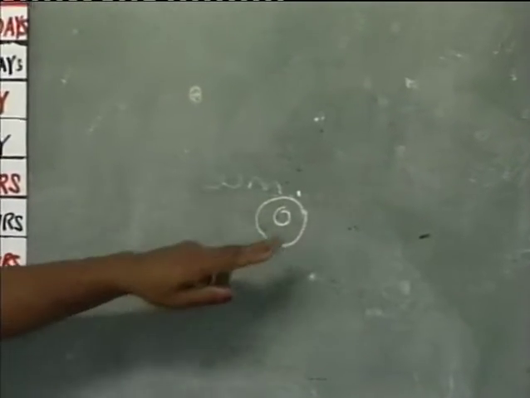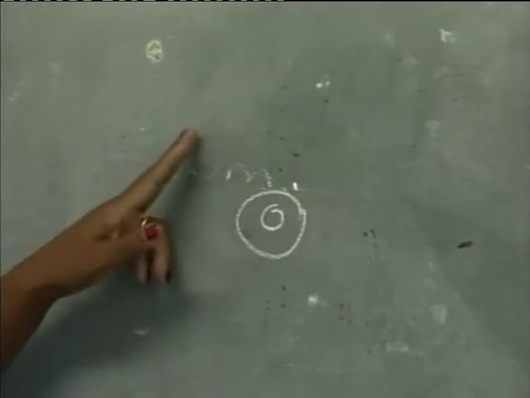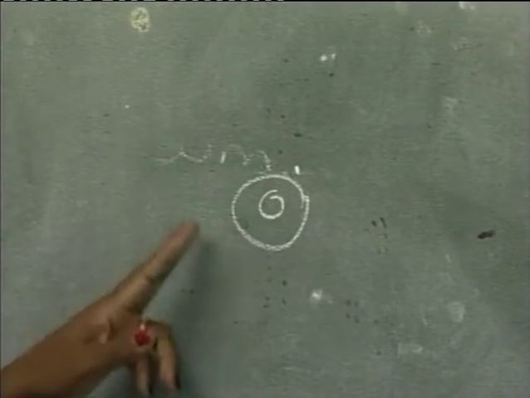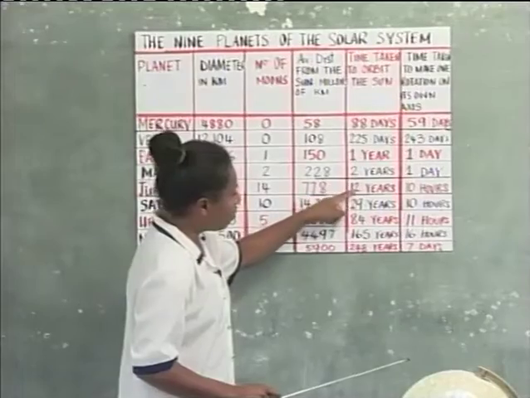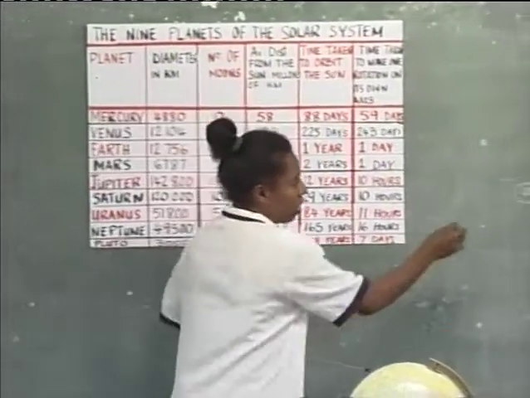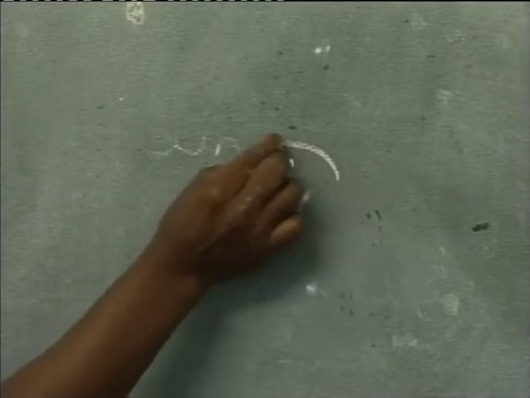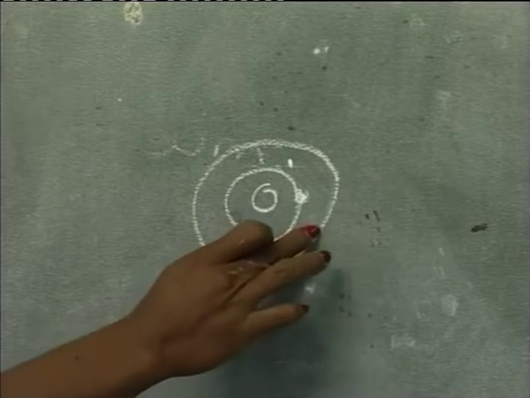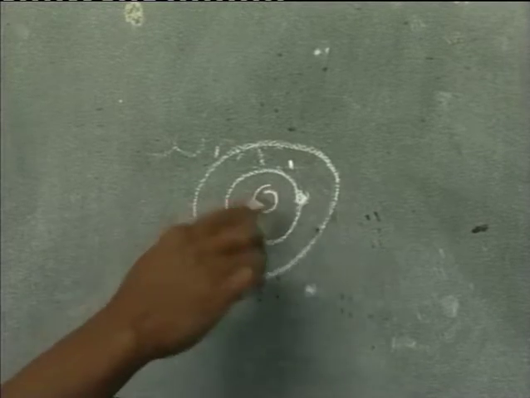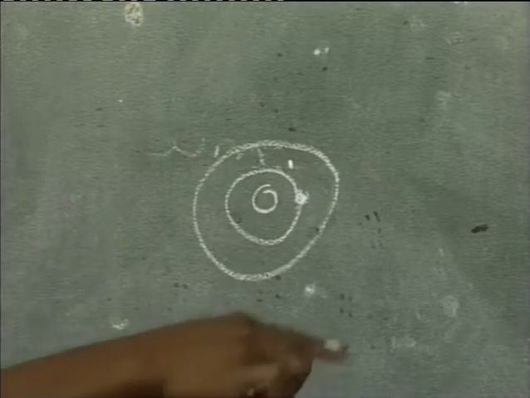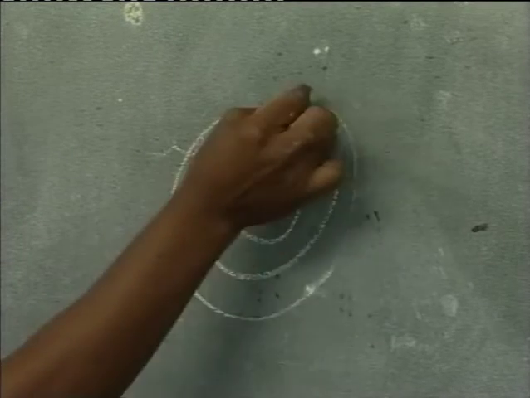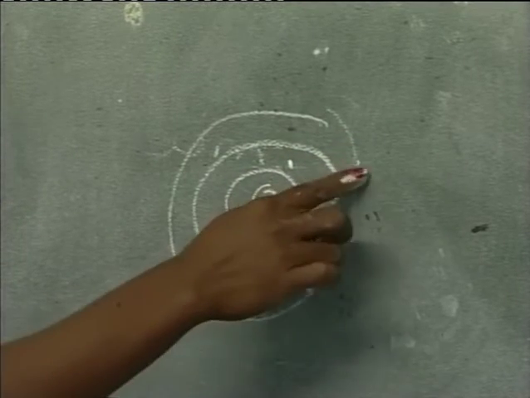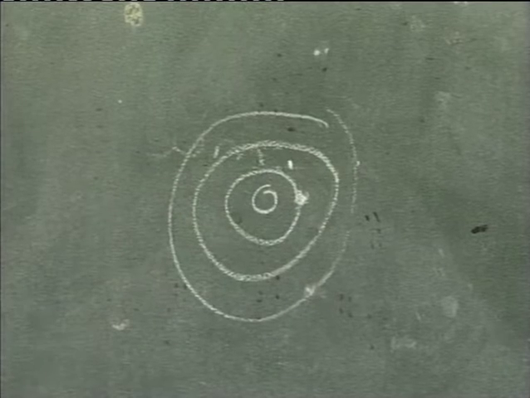So for it to complete that orbit, it has a smaller space in which it will move around in comparison to the other planets as we move away from the sun. If we have Mercury here, then the next planet will be Venus to orbit around. It would have a larger distance to go around. Then we have Earth, which has a larger one compared to the other planets which are closer to the sun.